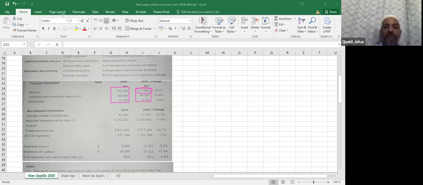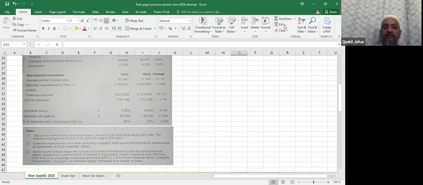नोट्स में, this data is being provided in the notes. Over here they have told you that 30th June 25 the global sales was 1,634 million, and in 2004 the global sales was 1815308.